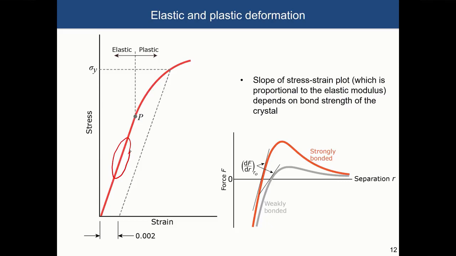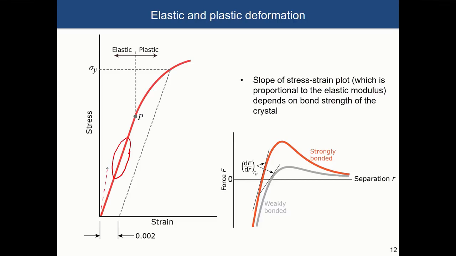So if you have two atoms within the material and the bond is very strong, then this deformation will be relatively small, and the slope of this curve will look somehow like this. So it would be steeper, right? So for the same stress, I'm applying the same force, but the material is deforming by a smaller amount.